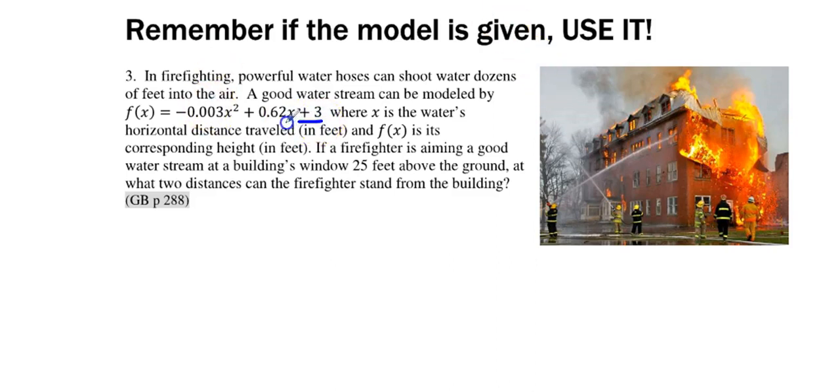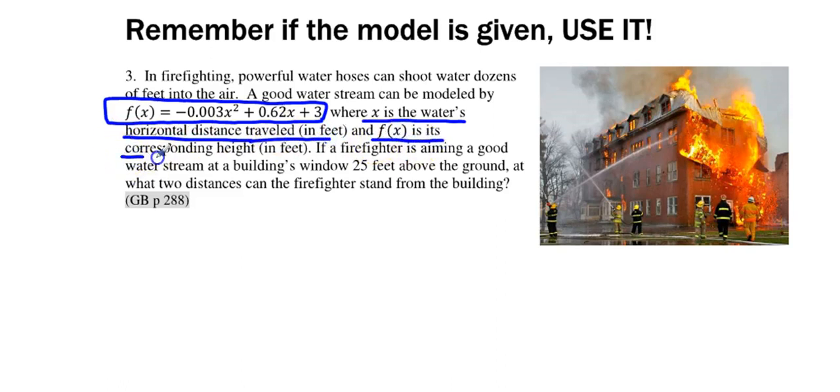So let me put it in a box so I don't forget that it gives it to me. Where X is the water's horizontal distance traveled in feet, and f of X is its corresponding height in feet. If a firefighter is aiming a good water stream at a building's window 25 feet above the ground, at what 2 distances can the firefighter stand from the building?